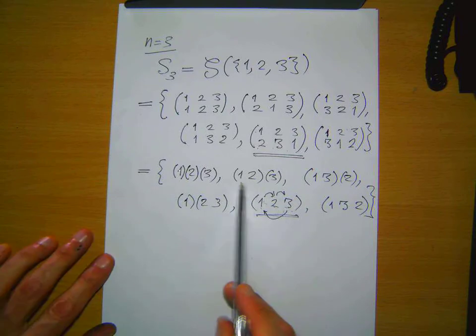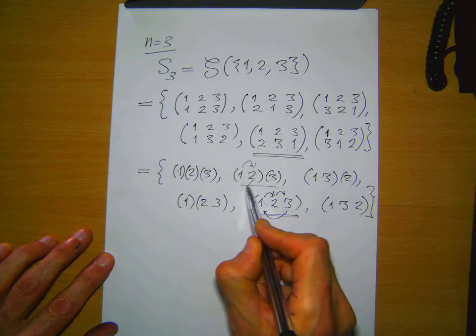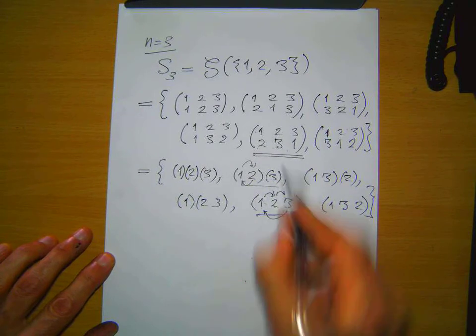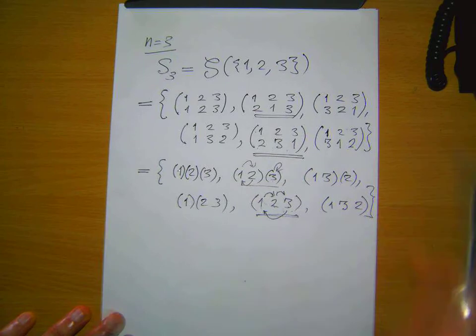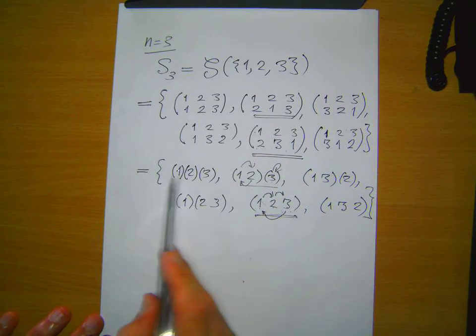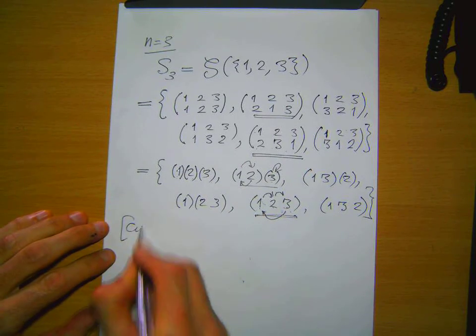So what about this one above it? That means 1 goes to 2, and 2 goes to 1, and 3 just goes to itself, which is indeed that one. And of course the identity, they all go to themselves. Okay, so this is what's called cycle notation.